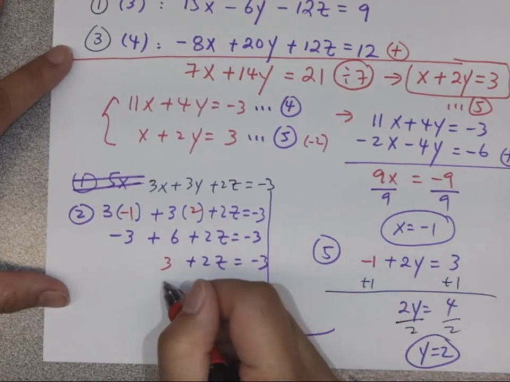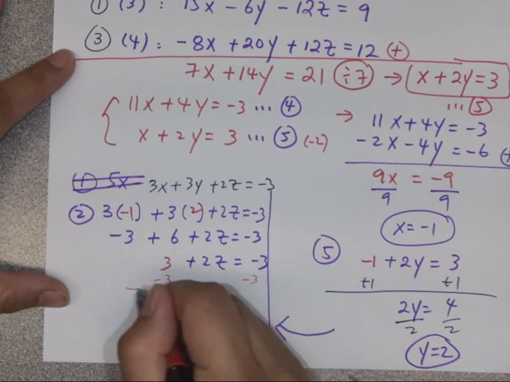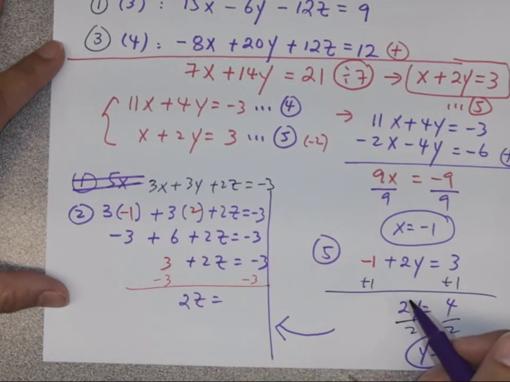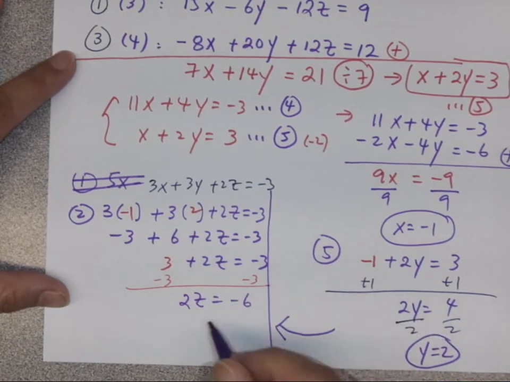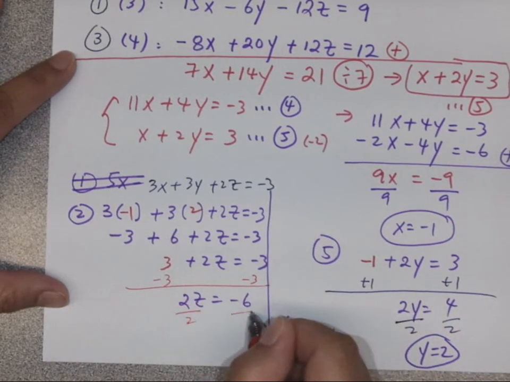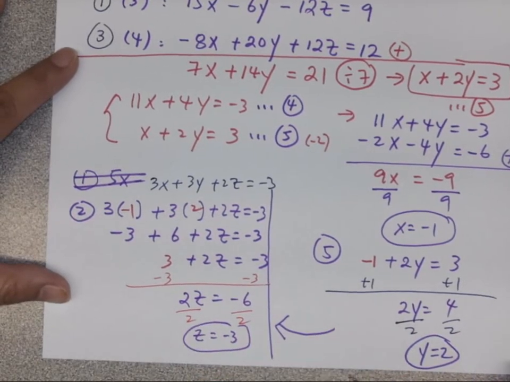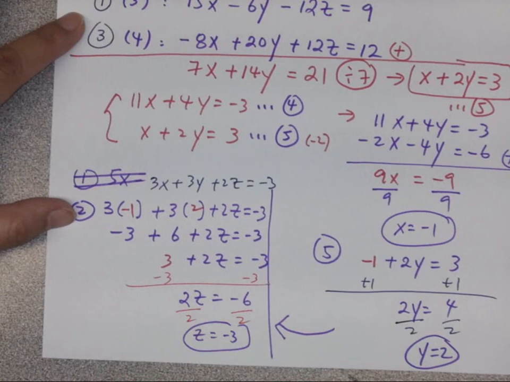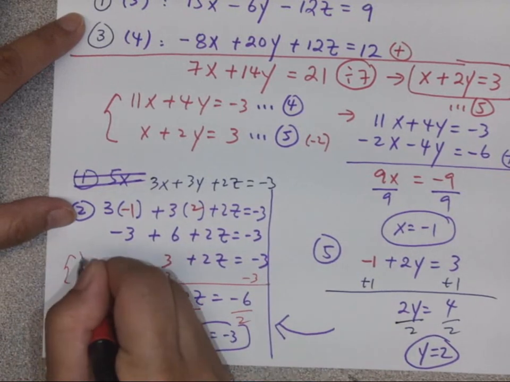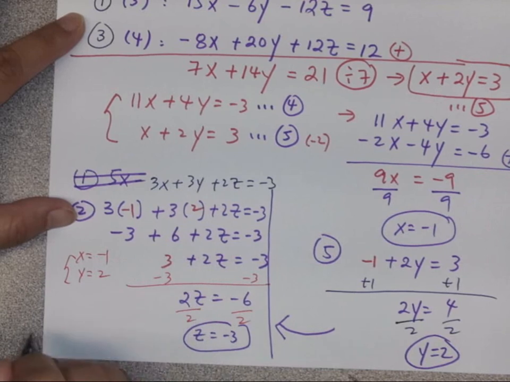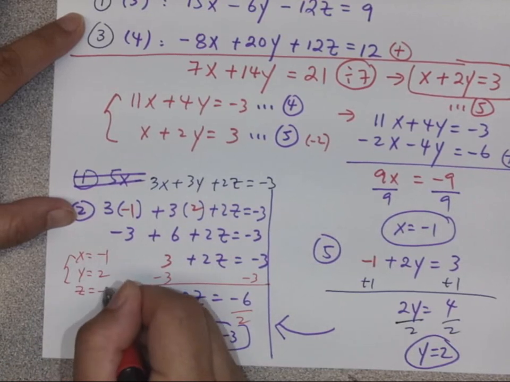And then subtract 3 from both sides. 2z equal to negative 6, so z equal to negative 3. So it's a little bit lengthy, but we found out that x equal to negative 1, y equal to 2, and z equal to negative 3.